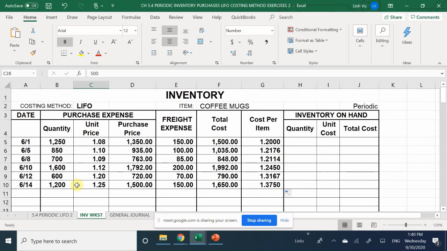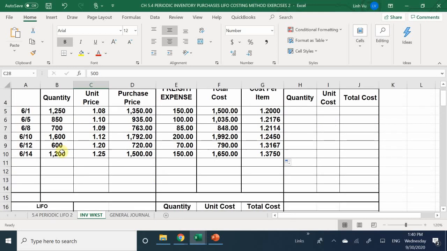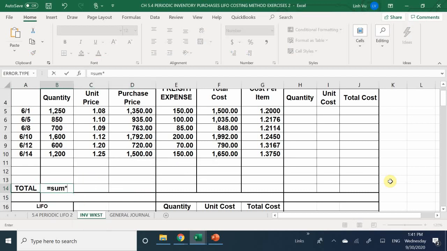So let's go ahead and total up these columns. Oh, I'm missing my total sign. Okay, so equals sum. Sorry, I'm doing it with my phone.